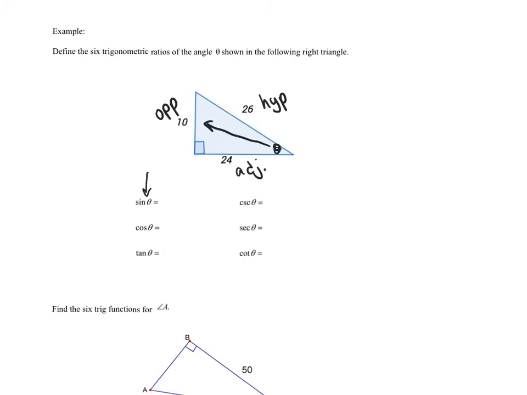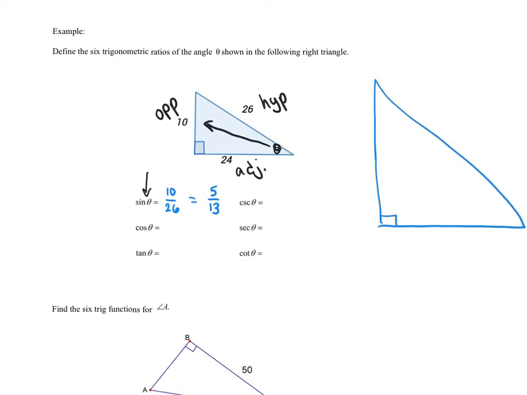So now I'll just divide these sides to get my ratio. Sine is opposite over hypotenuse, so that's 10 over 26. 10 over 26 reduces to 5 over 13. What that means is if I have any triangle that has the angle theta, let's say I draw a really big triangle here, not to scale, with an angle theta here.